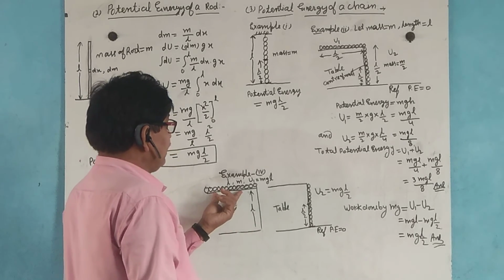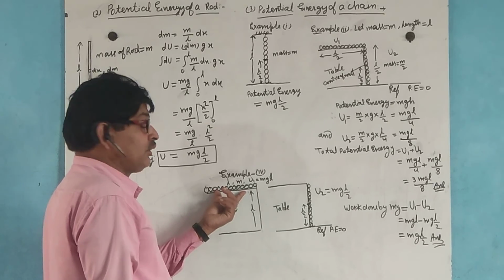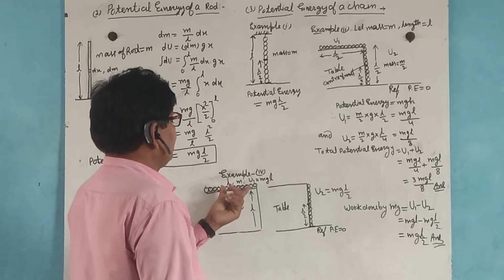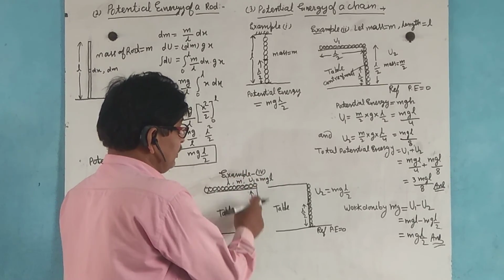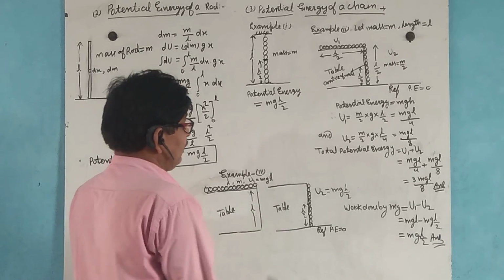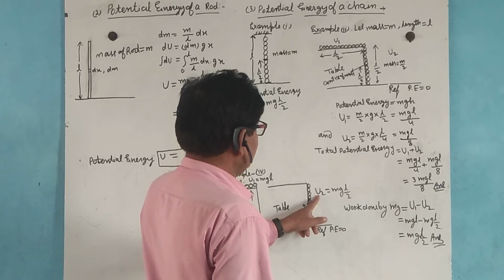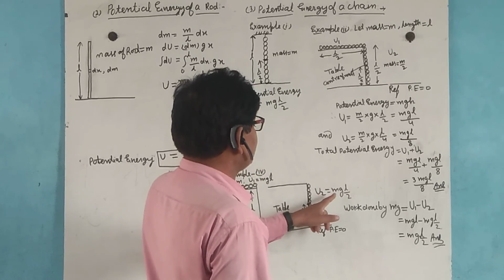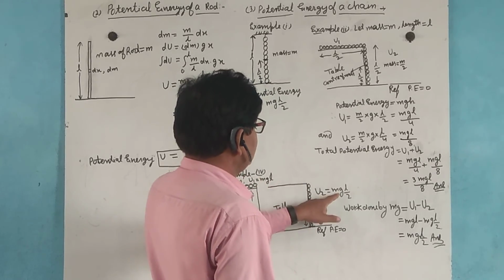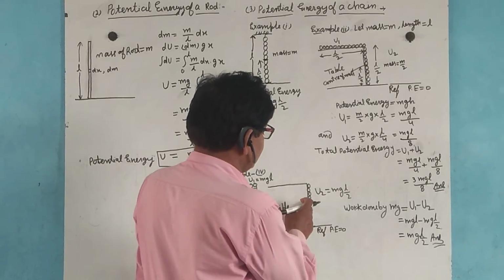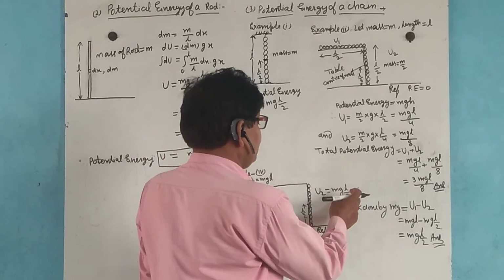Now the potential energy of this: let us suppose that length of this chain is L and mass is m, so potential energy is mg and length L, mgL. Now this chain falls on the ground, so the potential energy is total mass m, g, and we take the center of mass here at L by 2, so mgL by 2.